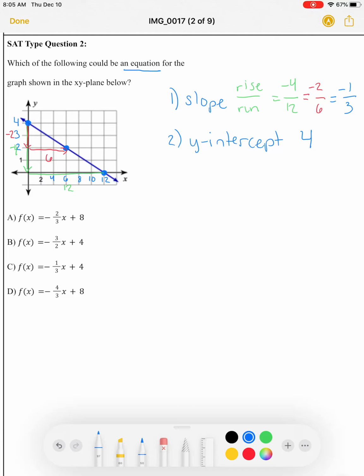So to write my slope-intercept equation, which is y equals mx plus b, I'm simply just going to substitute the slope I found in for m and the y-intercept I found in for b. You should notice that option C is the same as the equation that we just found. Remember that y is the same as f of x.